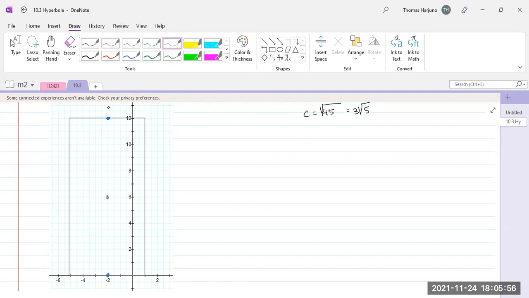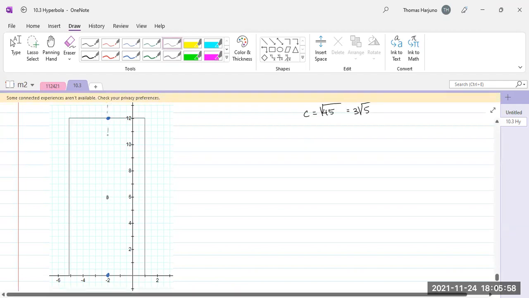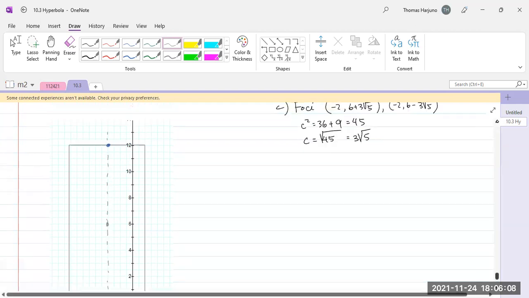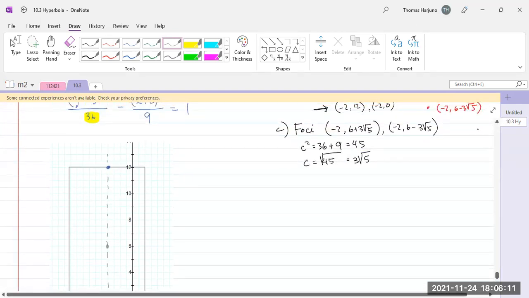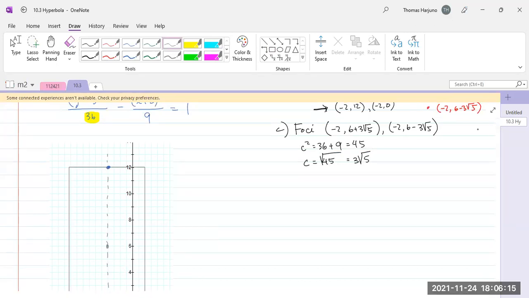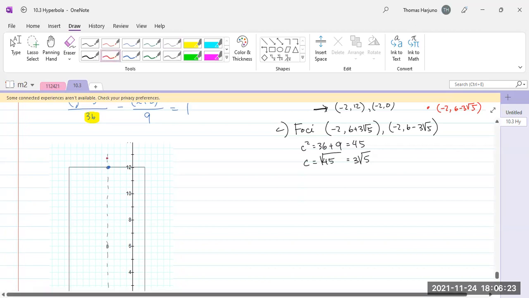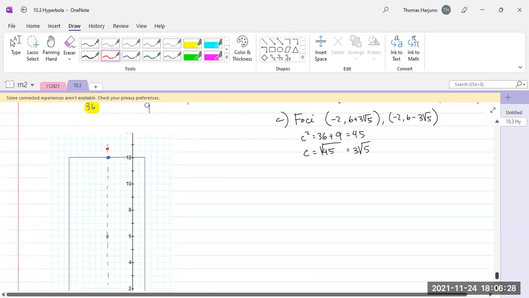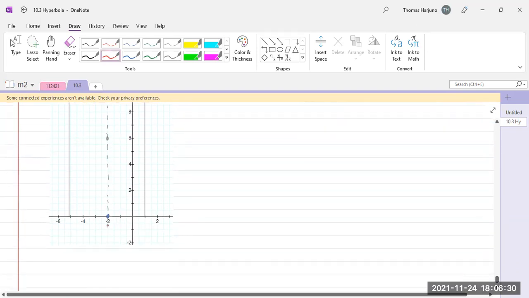Okay, so the transverse axis is here, right? That's the transverse axis. The foci will be negative 2, 6 plus 3 radical 5. 6 plus 3 radical 5 is 12.7, so the foci is approximately here, and therefore approximately here.